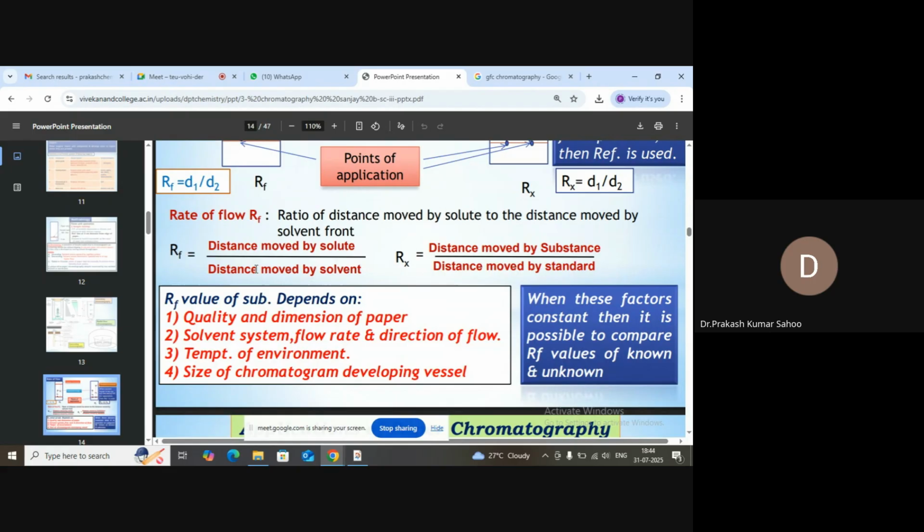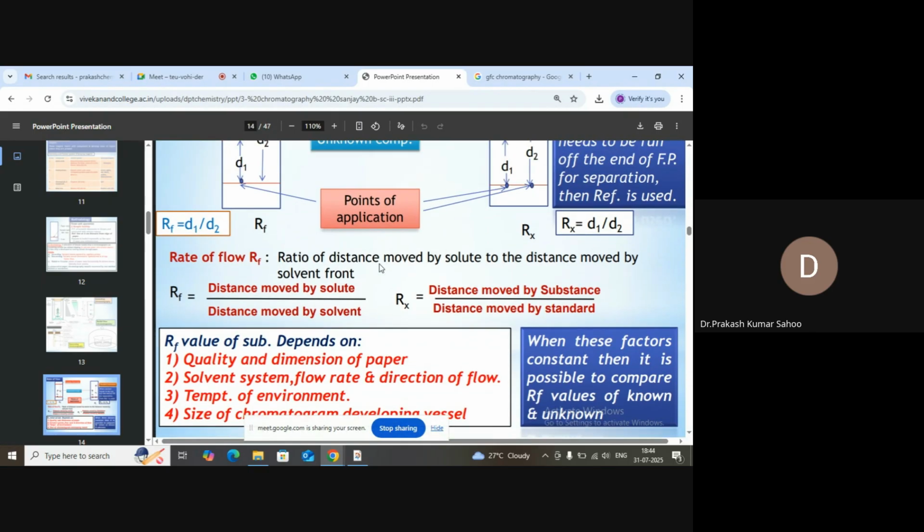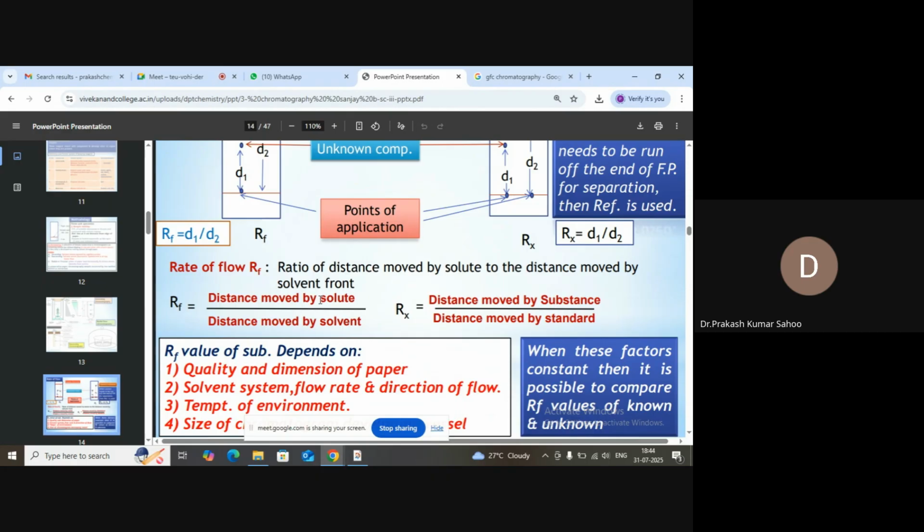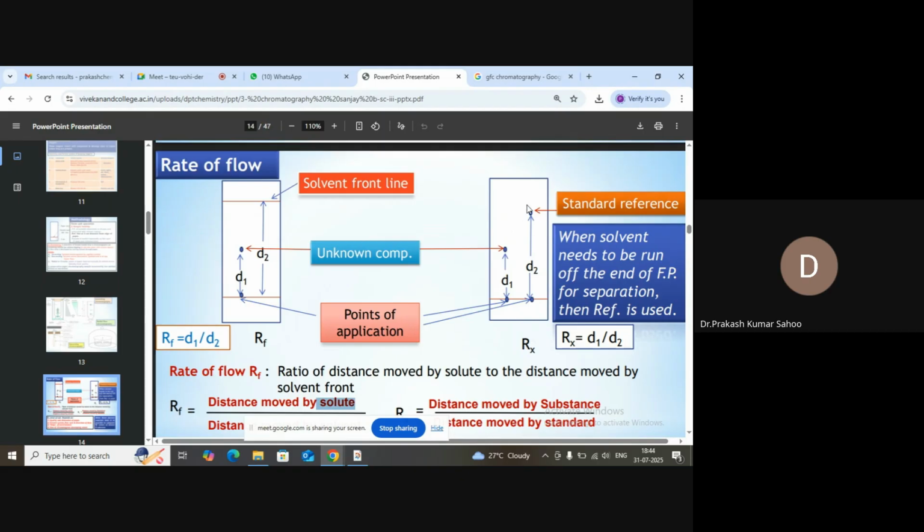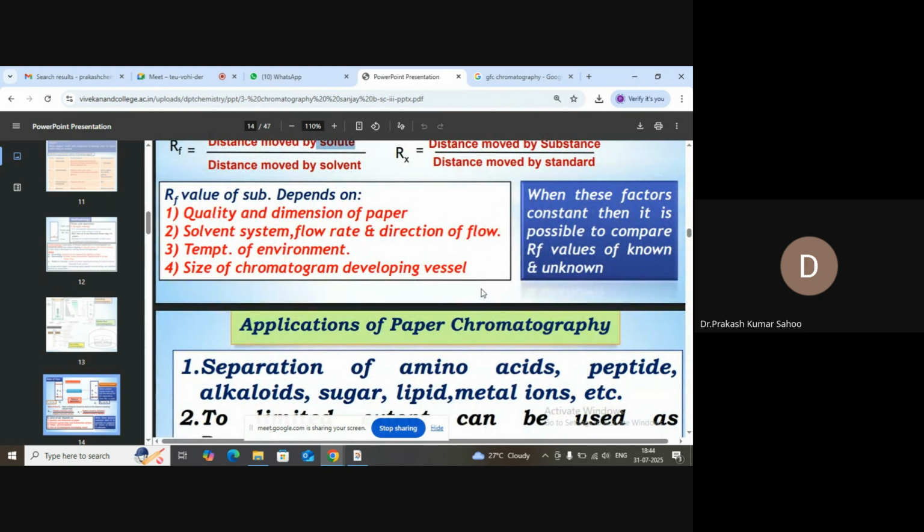Rf is the distance traveled by the solute divided by the distance traveled by the solvent. This solute is the same as your component. Then in reference we have the distance moved by the substance divided by the distance moved by the standard. So this is the standard sample, and this is the substance, the component.